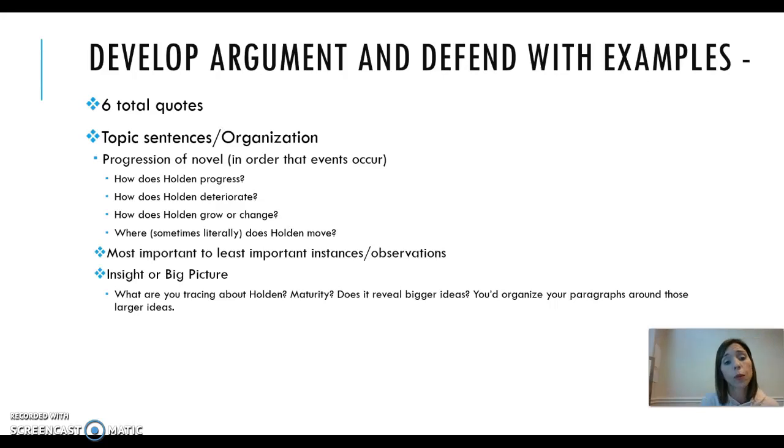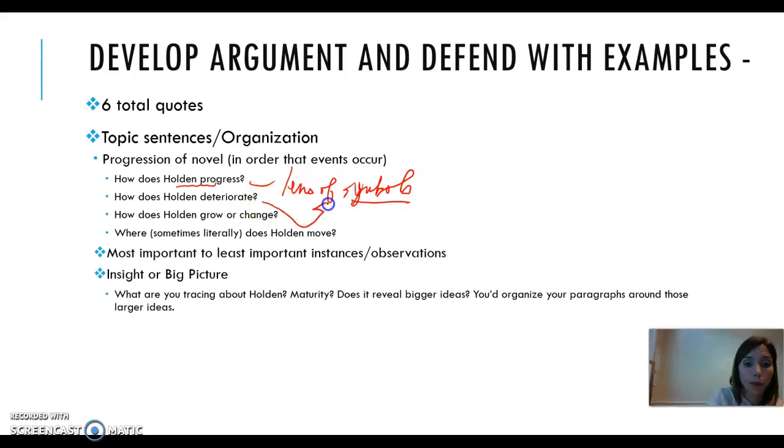We're going to talk more about topic sentences and how we organize our essays. So we can look at how Holden progresses, and maybe through the lens of those symbols, right? We might talk about how he deteriorates. Again, symbols or motifs. And then we can think about where he is in the novel, right?